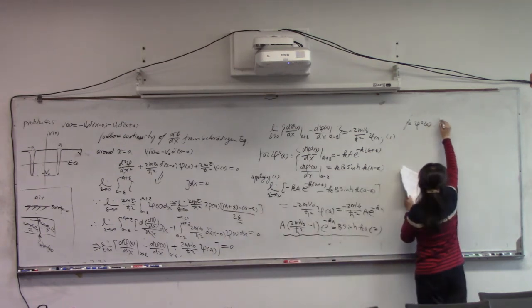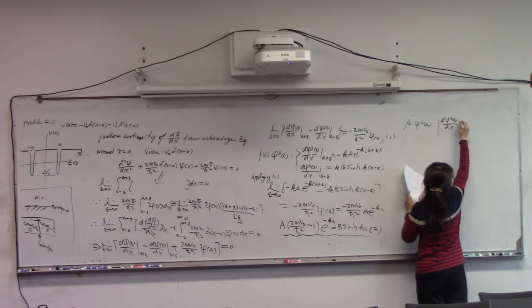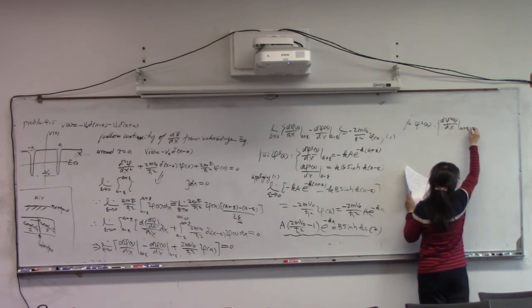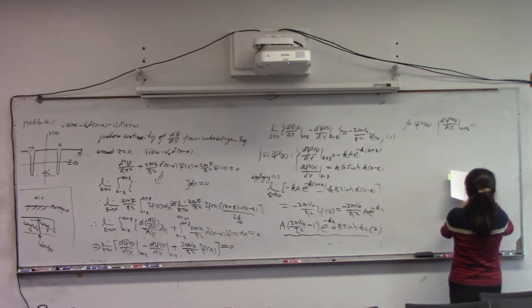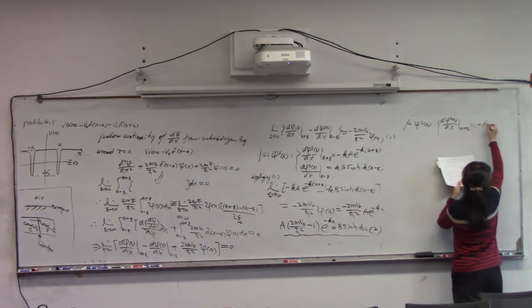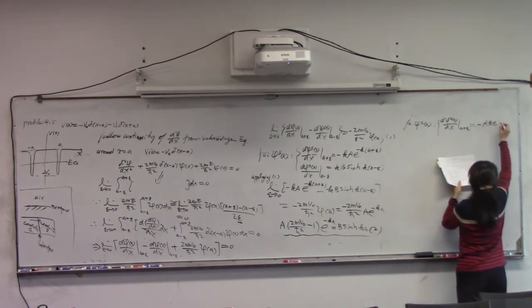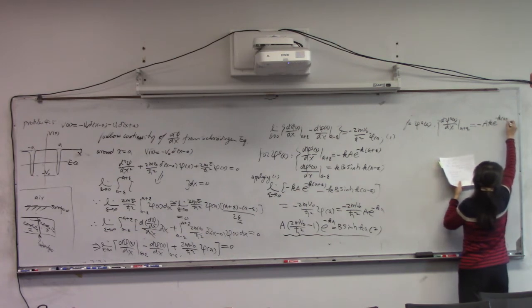Similar things, d sine ax dx and x equal to a plus epsilon is equal to minus a k exponential minus k a plus epsilon.